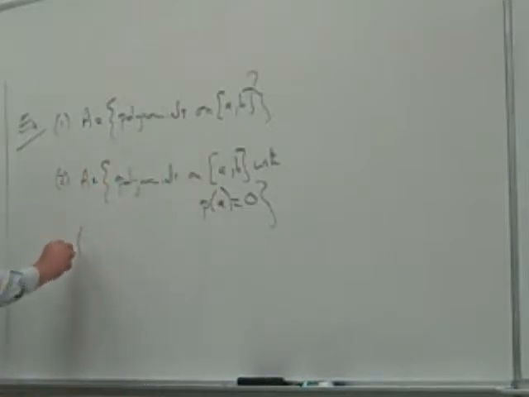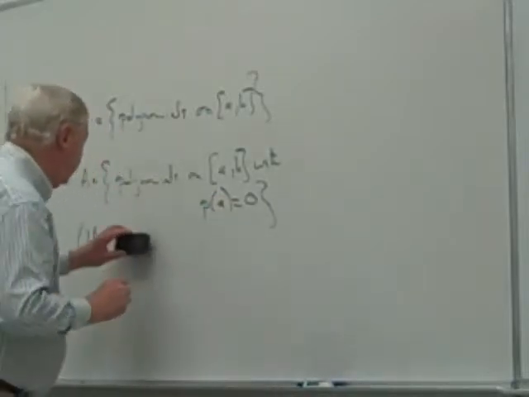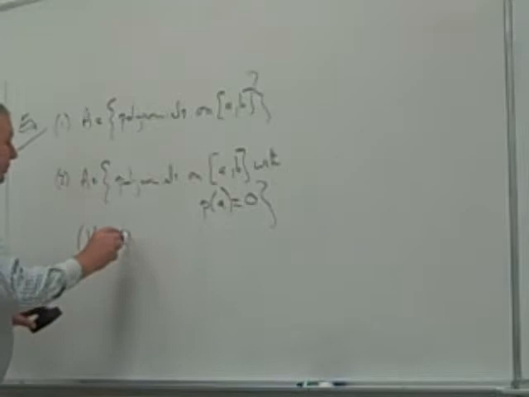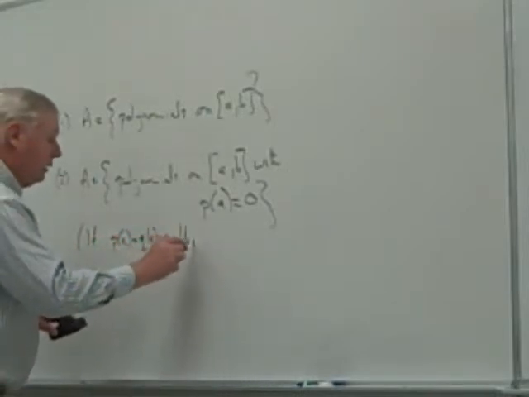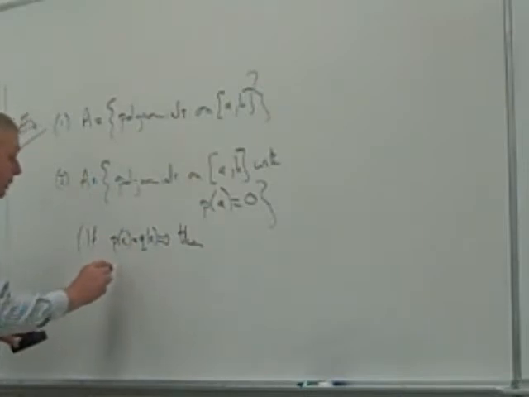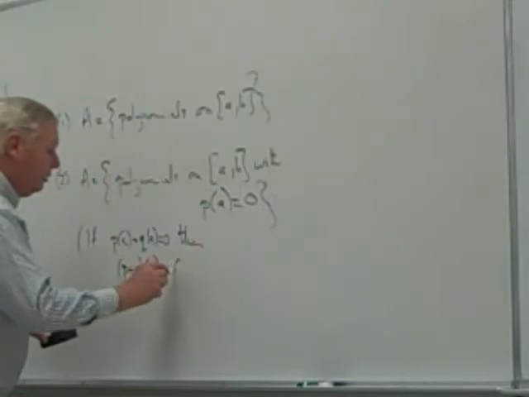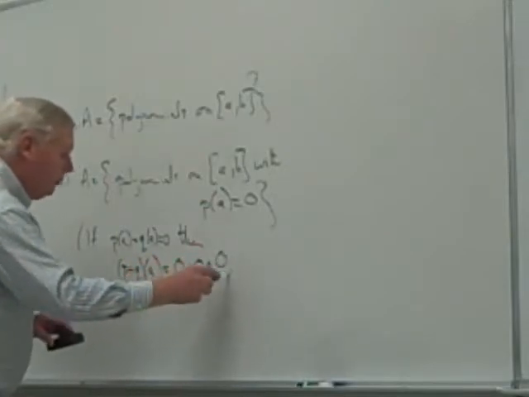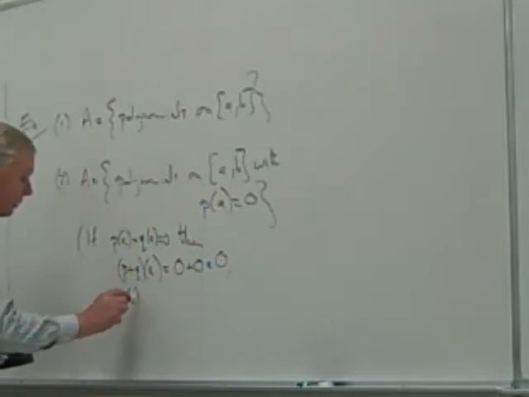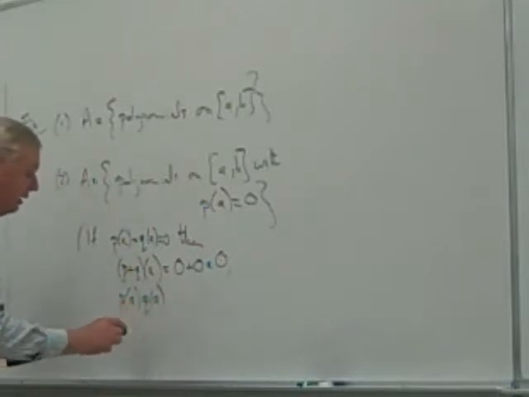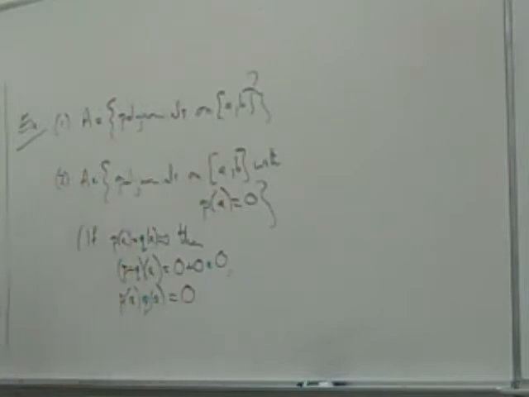So to see this, if p and q are polynomials with value 0 at a, then p of a times q of a will be 0.